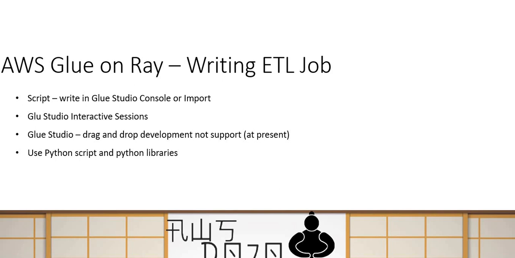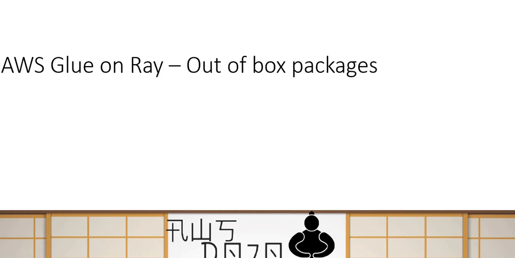So, when you're using the Spark engine, you can actually drag and drop your constructs and activities to create your ETL job. That is not available for Ray at this point of time. And as I mentioned earlier multiple times, you can use Python script and Python libraries to build an ETL job with Ray.